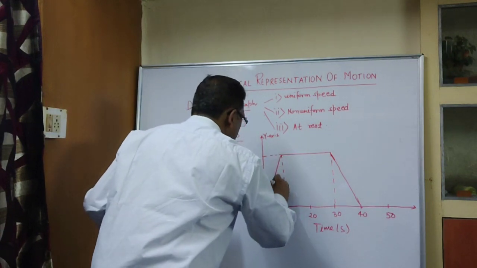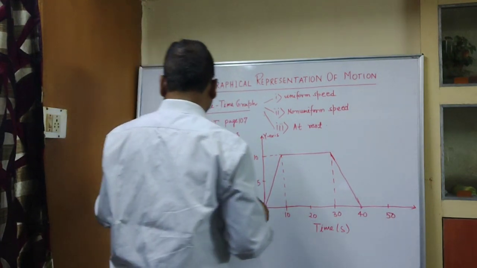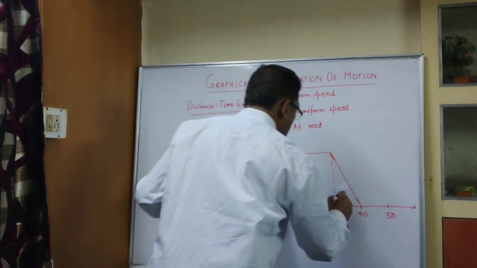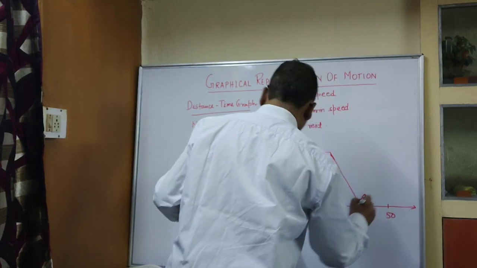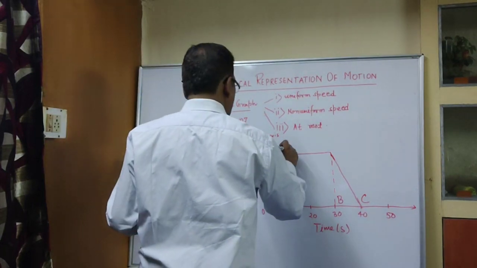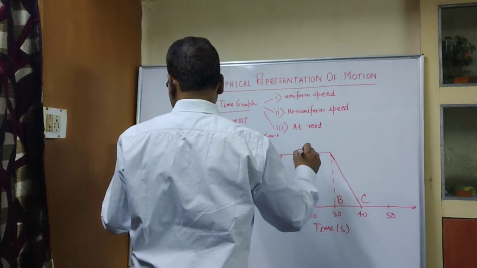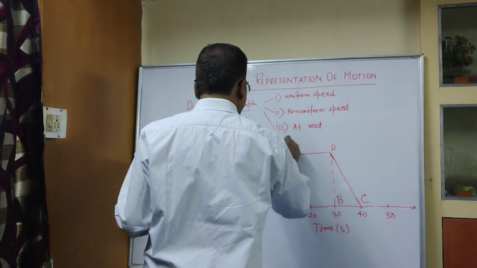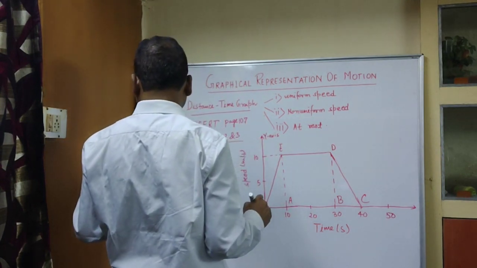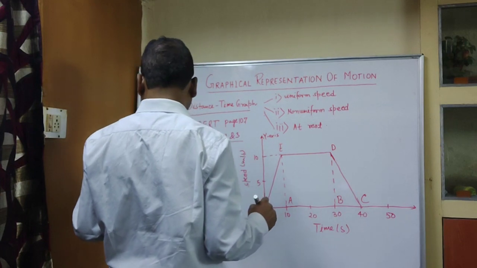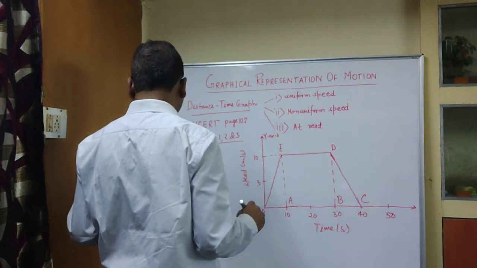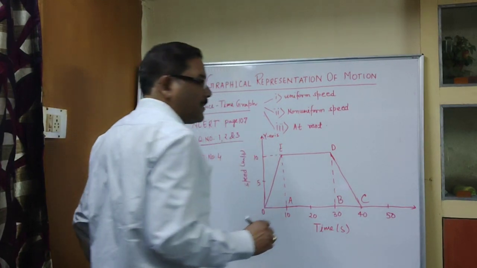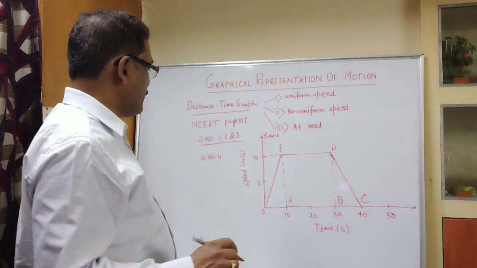Yes, so the graph is like this. Mark the points A, B, C, this is D and E, and you have to calculate the distance traveled by the object between 0 to 40 seconds.